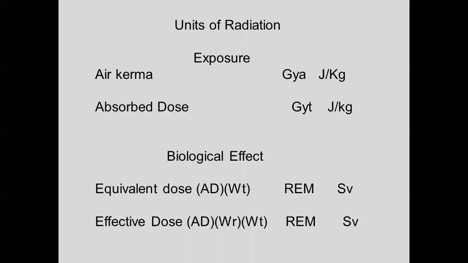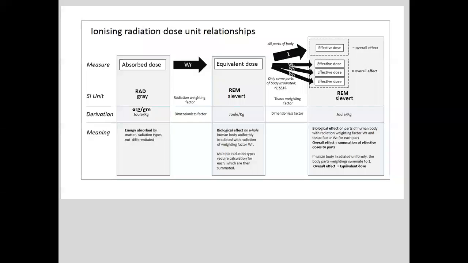So what if we just expose the chest? What if we just irradiate the leg? What if we just irradiate the brain? That's where they get the tissue weighting factor. So the two things to figure out effective dose are what type of radiation and what parts of the body got irradiated, okay? And they have different radiation weighting factors for that and tissue weighting factors, okay? So I like it more in a graph here.